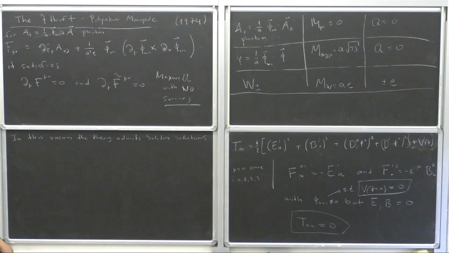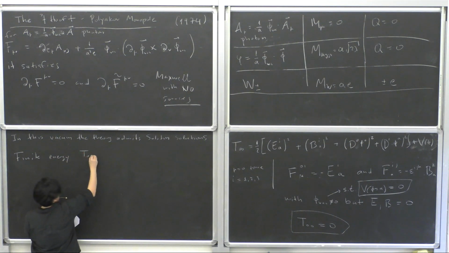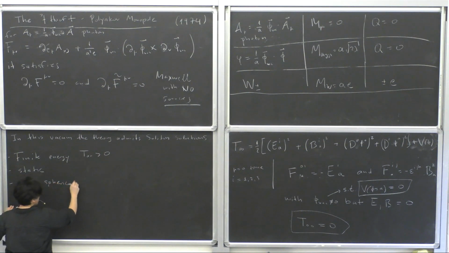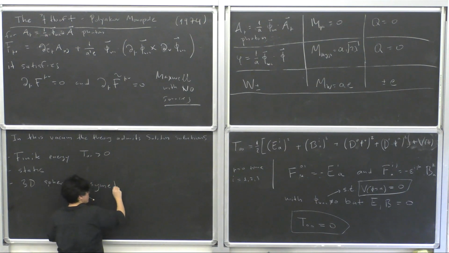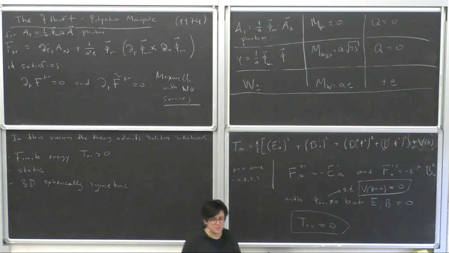And of course, we are looking for a static solution to make life easy, and then if you want, you can boost as much as you like. So we want static and spherically symmetric. This is the same thing you do when you look for the Schwarzschild black hole. Maybe you've done this more recently, or when you learn instantons, you impose 4D symmetry here, and the static goes away because this is a 4-dimensional thing.